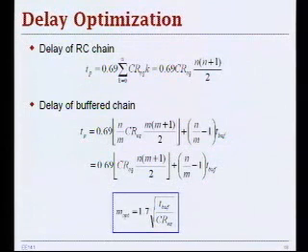Any questions on this one? So you see that if you have a certain amount of chain, I can always break up a quadratic chain, be it a wire or pass transistors or transmission gates, and I can more or less linearize that by adding buffers. Any questions here?